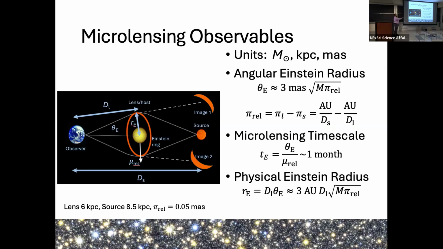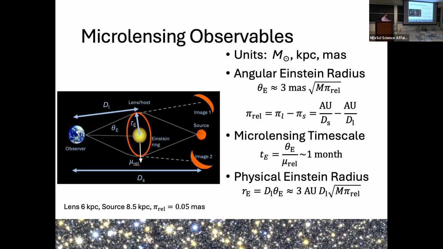The time scale for this is going to be characterized by the angular Einstein radius divided by the relative proper motion of the source and the lens. So how fast they're moving on the sky relative to each other. And so for a typical solar mass object, this is on the order of months.